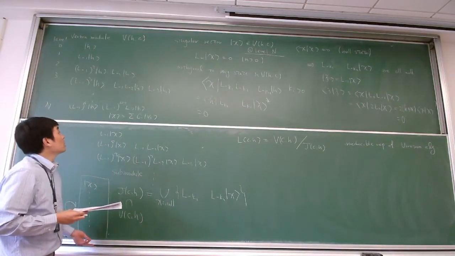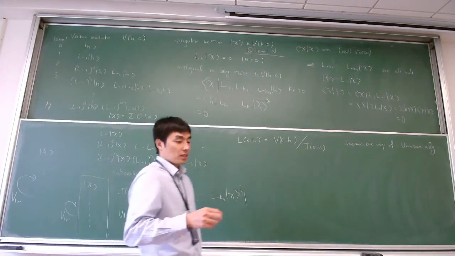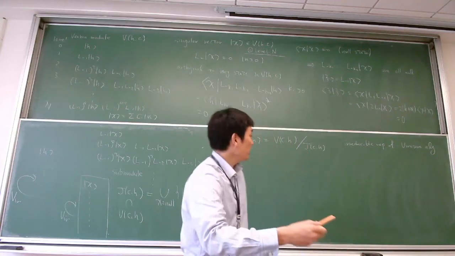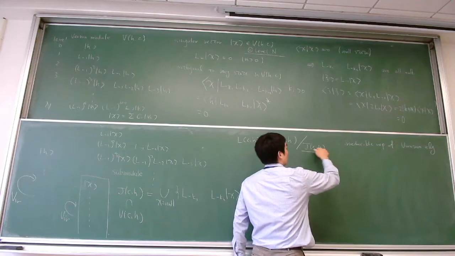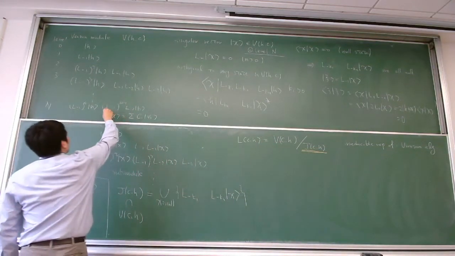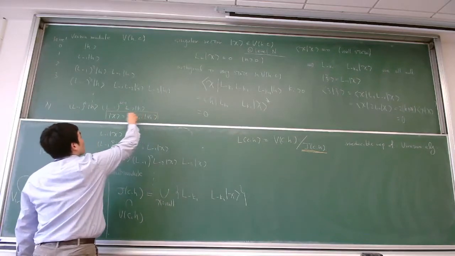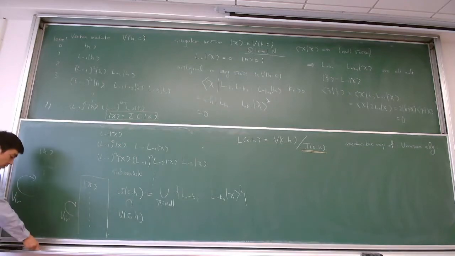So the question is how you get this. Given the primary state, each time you have to throw away the null states. Therefore, we need to know when this singular vector shows up.